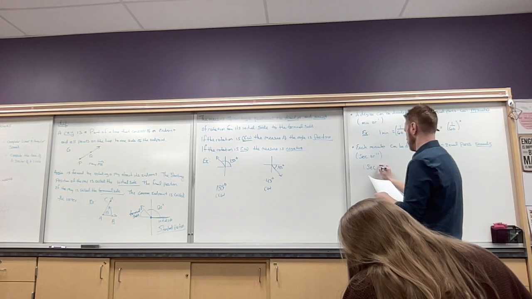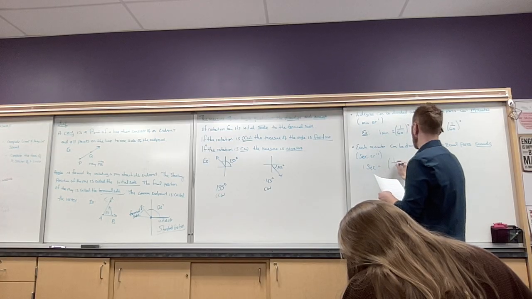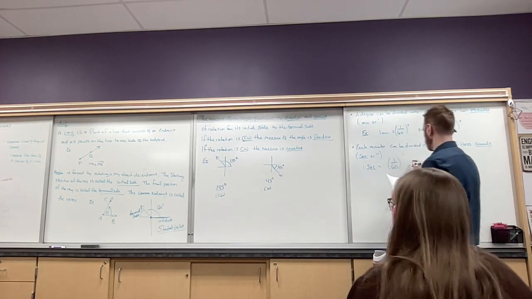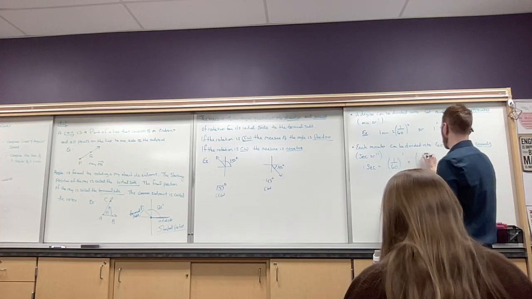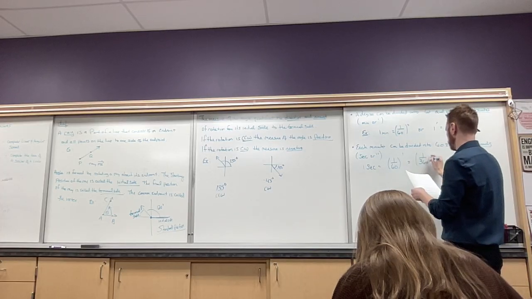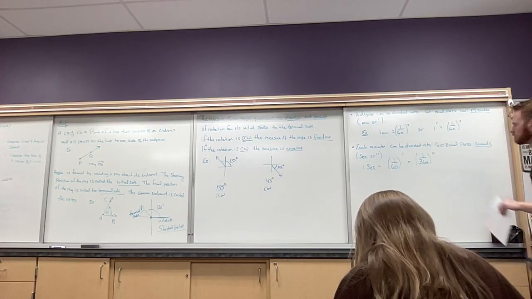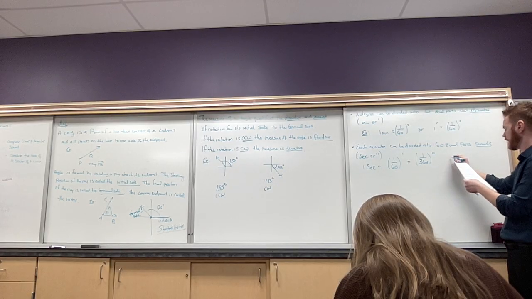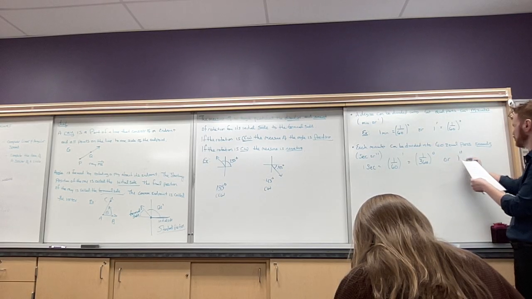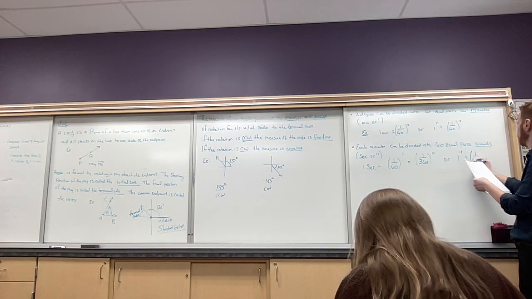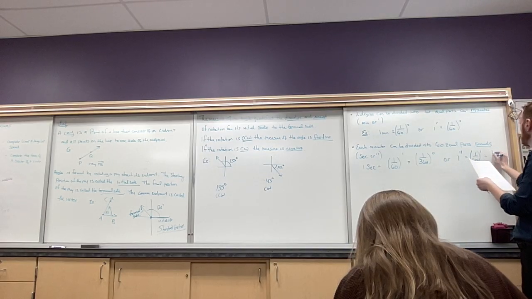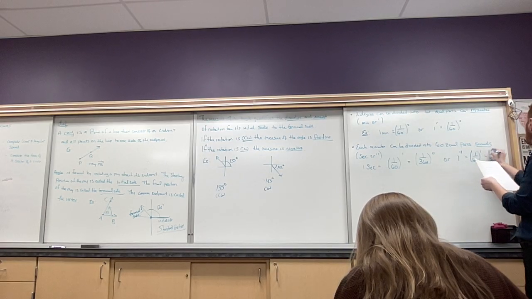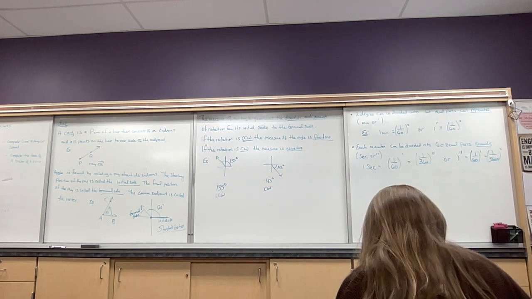So 1 second, okay, is 1 over 60 of a minute, or in other words, 1 over 3,600 degrees. Or what we could do is using the symbols, I can write it as 1 with those 2 apostrophes, 1 over 60 minutes, which is 1 over 3,600 degrees.